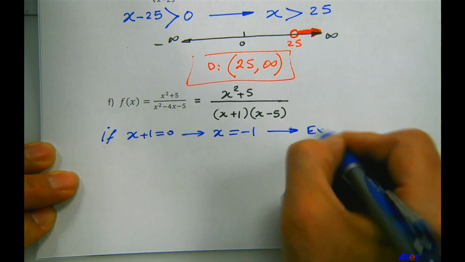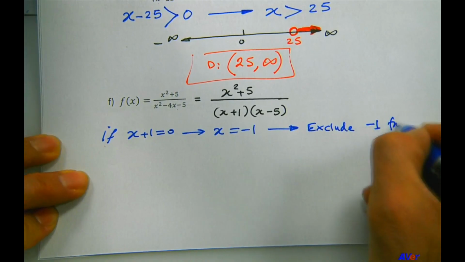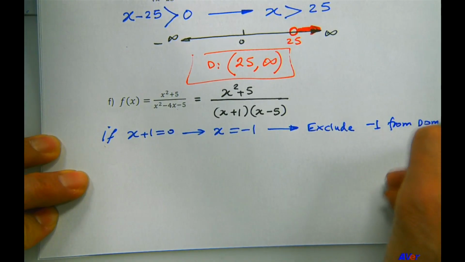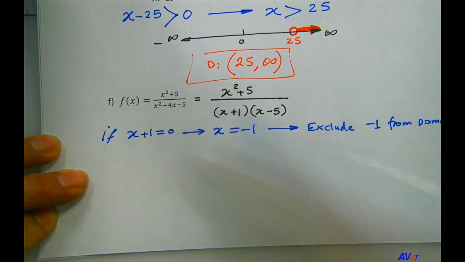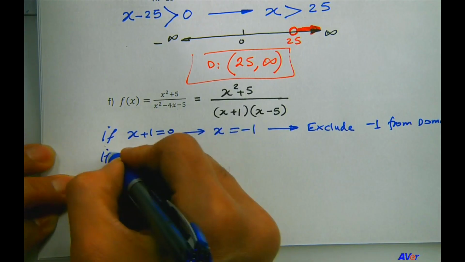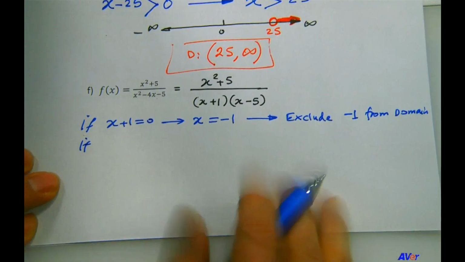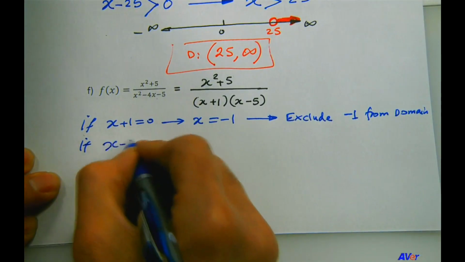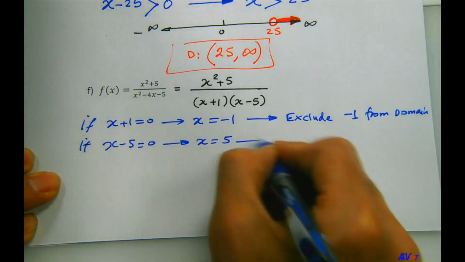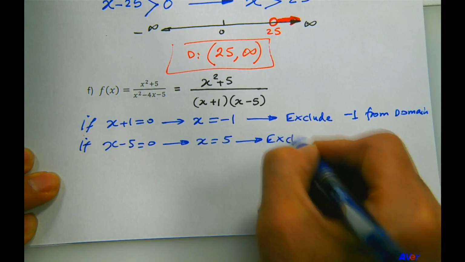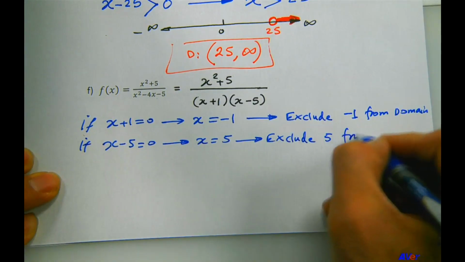Therefore, exclude negative 1 from the domain, because that would make the denominator 0. If x minus 5 equals 0, then x equals 5, then we must exclude 5 from the domain.